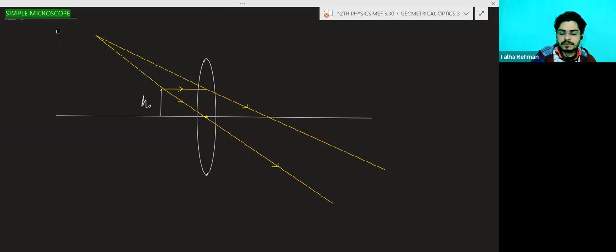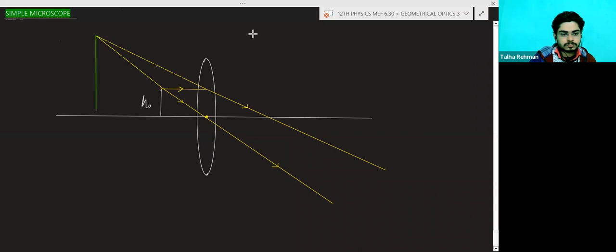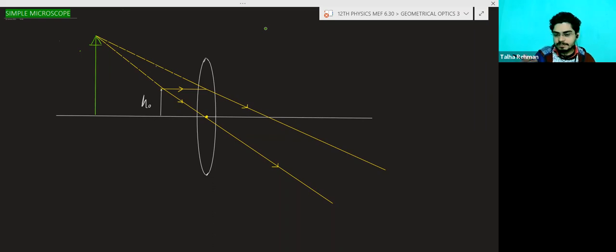So from here to here there will be the image. This is the case when we place the object between the optical center and the focus in case of the convex lens.